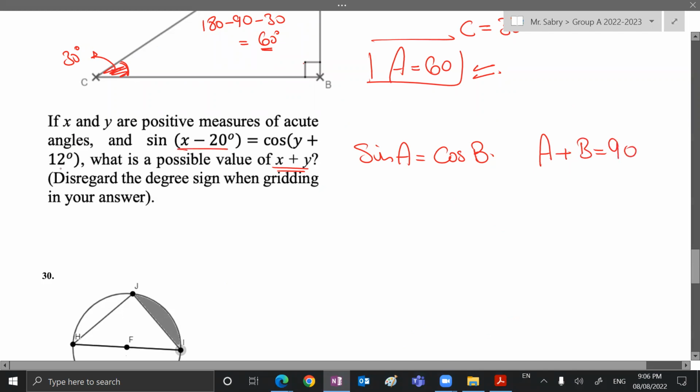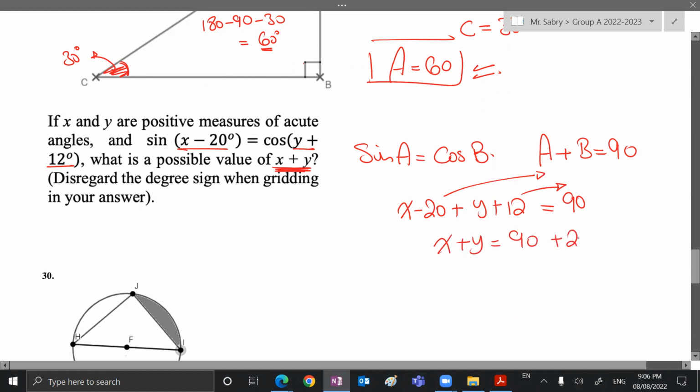Isn't it sine this equal to cosine this? That means that x minus 20 plus y plus 12 is supposed to be equal to 90 degrees. Now, since they want me to only have x plus y, I'll just remove the negative 20 and the 12 and move them to the other side. That would get me 90 plus 20 and then minus 12.